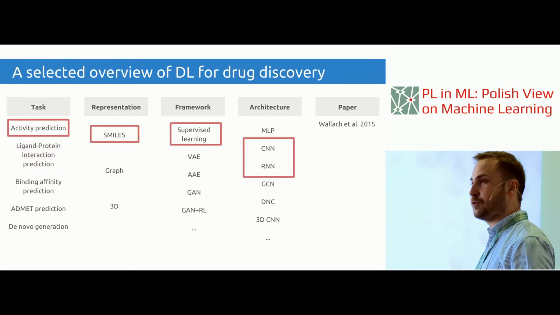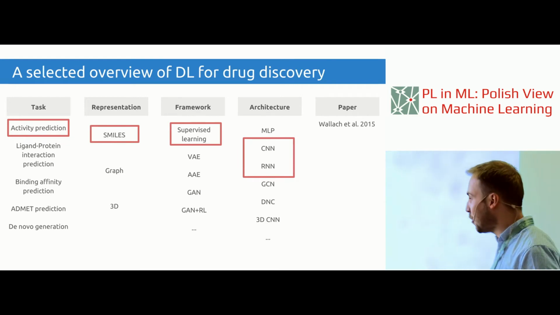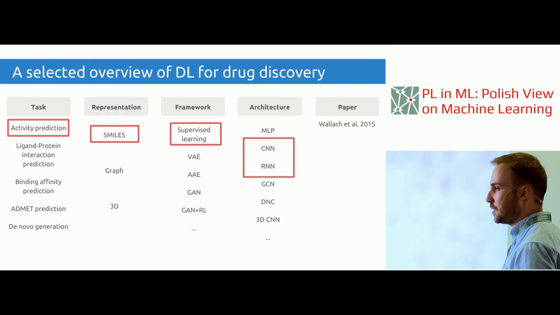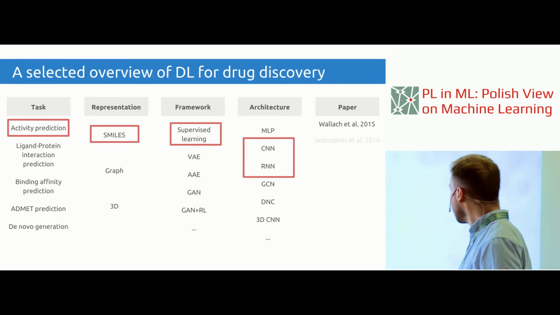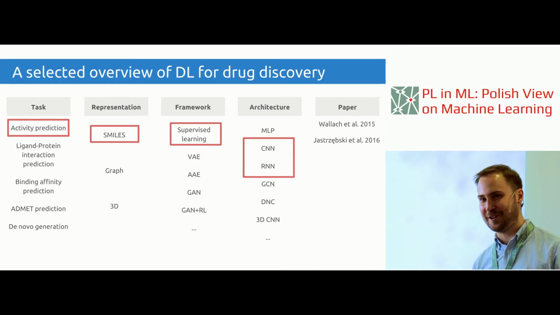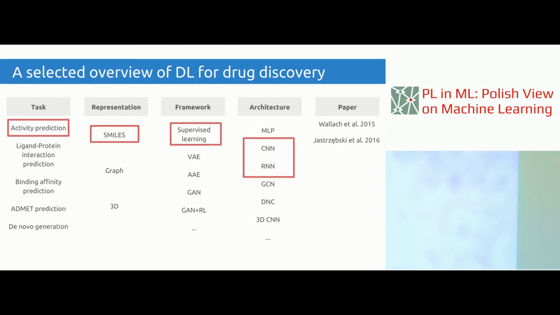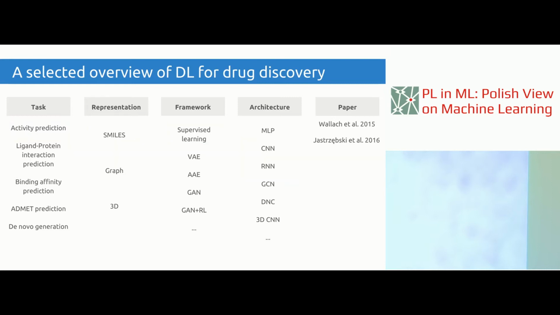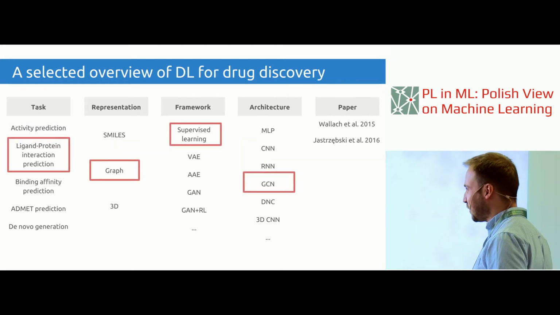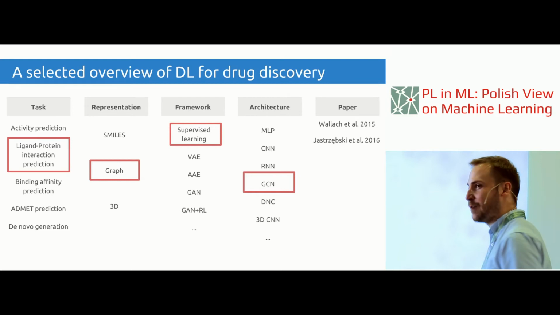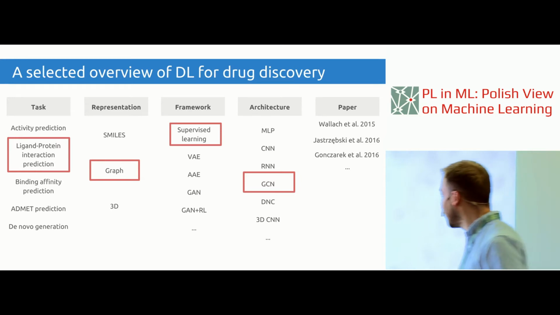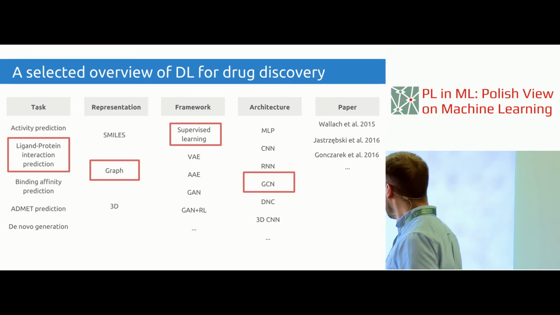If you take such a combination, so activity prediction, SMILES, CNN, and RNN, this is a paper by Staszek Jastrzębski, who is the next speaker here. Hi. Okay, taking ligand-protein interaction, graph representation, supervised, and graph convolution networks, this is actually a paper by me and my colleagues from 2016.